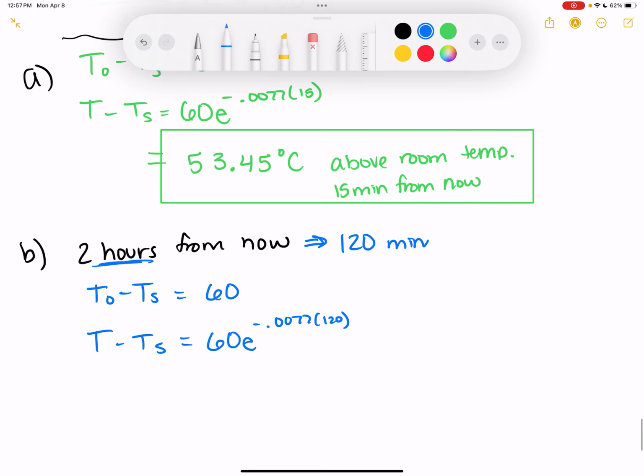And that gives me 23.82 degrees Celsius above room temperature 2 hours from now.